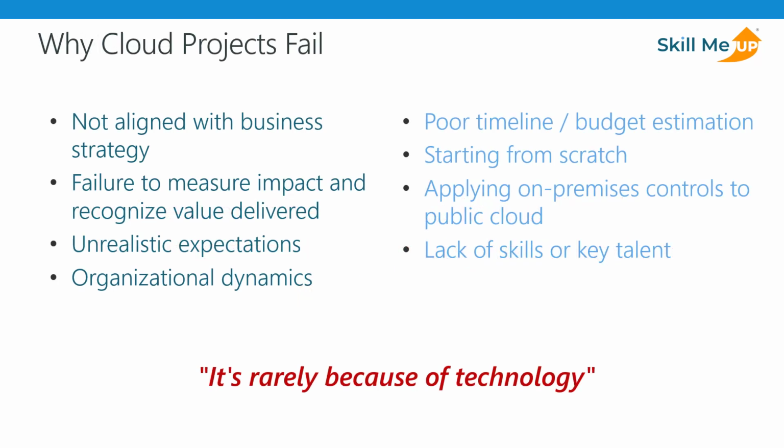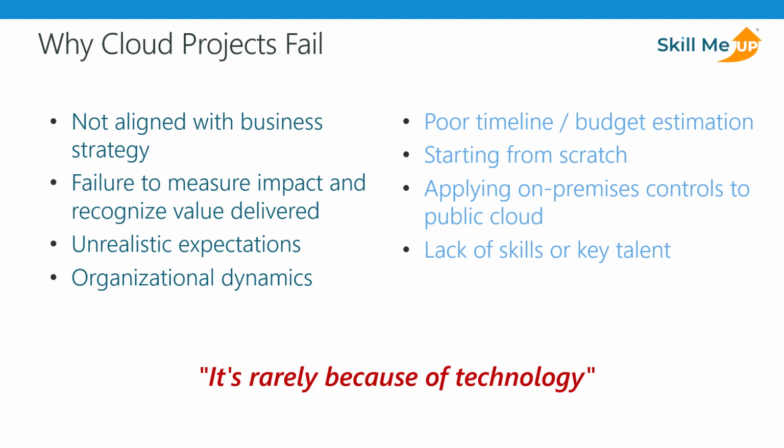Key points here on this slide are why cloud projects fail. And we hit on this a little bit in the first couple of slides, where in that tug of war, if we're not aligned from a technical perspective and a business strategy perspective, you're going to fail.